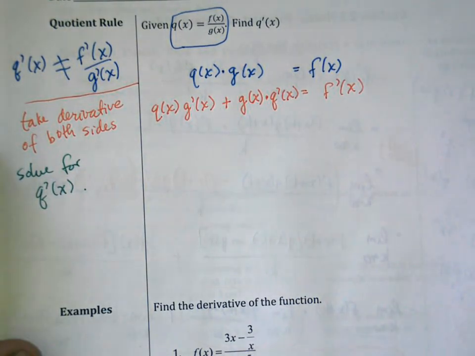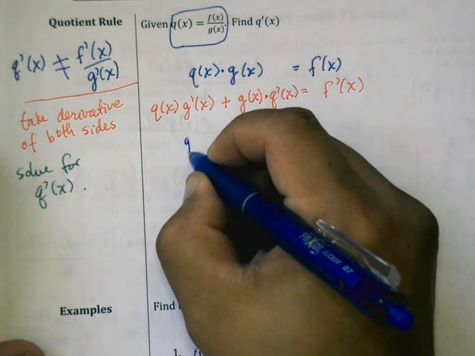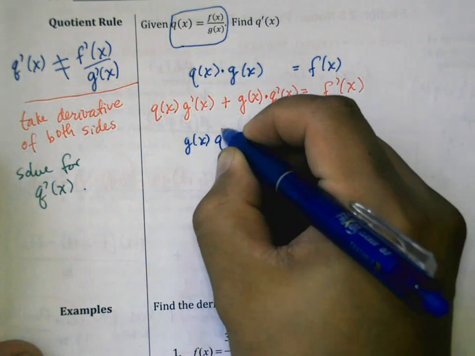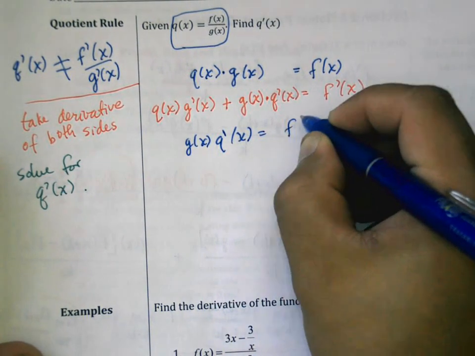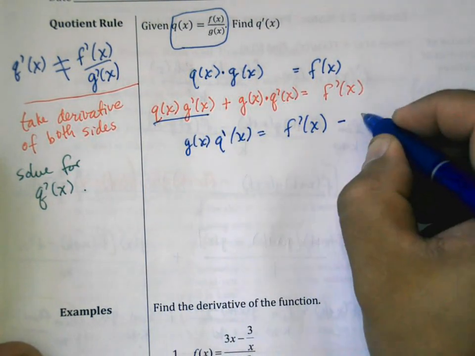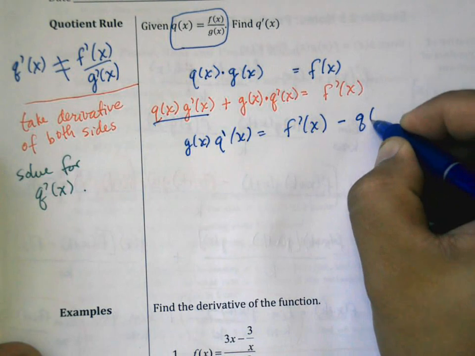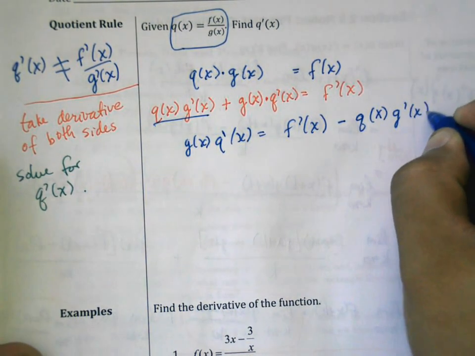So we'll start by saying that g of x times q prime of x is equal to f prime of x. We're just going to take this part and move it over, minus q times g prime.